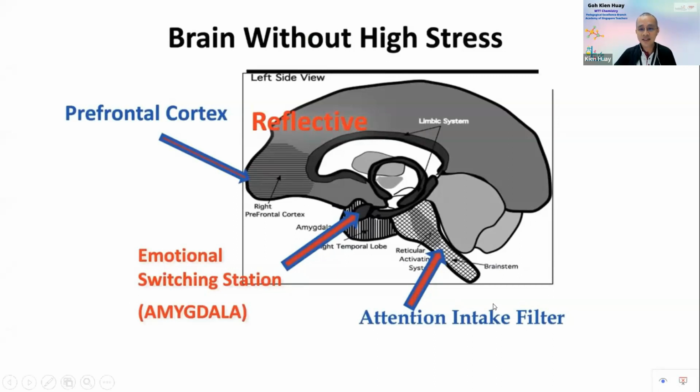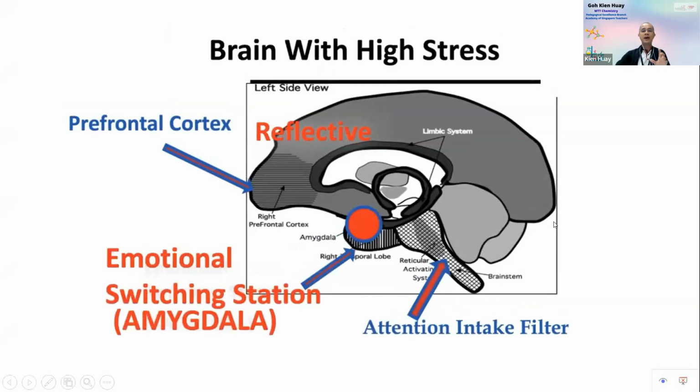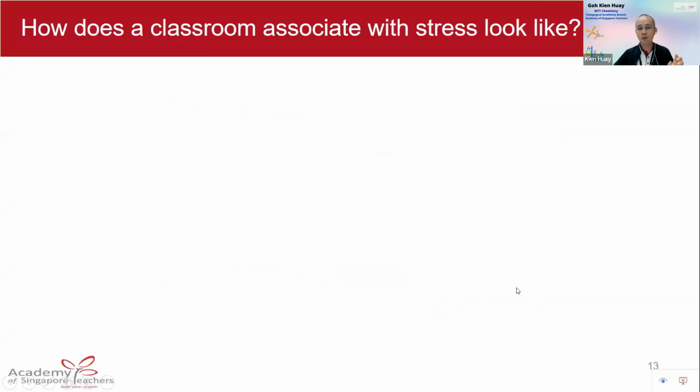Basically, as the information comes through the RAS, the next part of the brain it goes through is the amygdala. When the amygdala is swelling up, the information unfortunately doesn't get to the prefrontal cortex, which is the place where we want the information to land. It will get deflected downward.